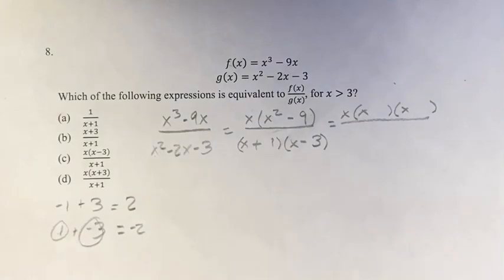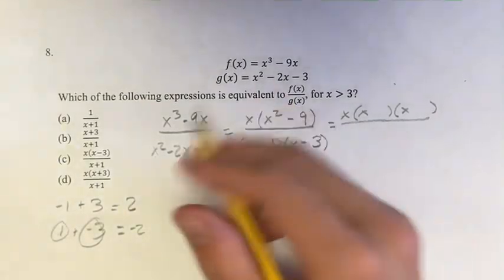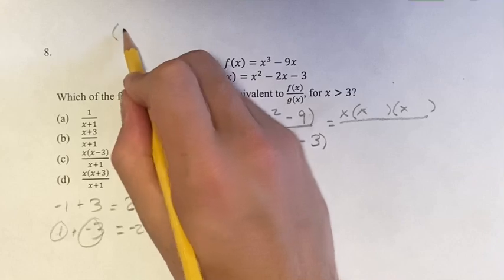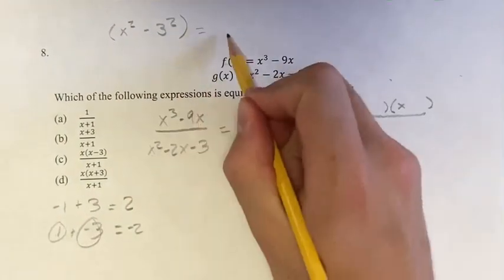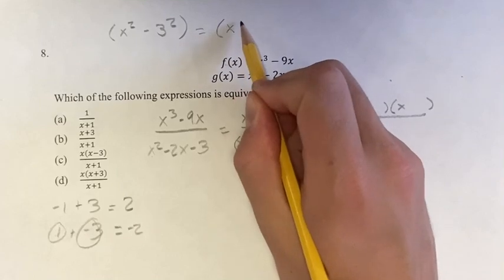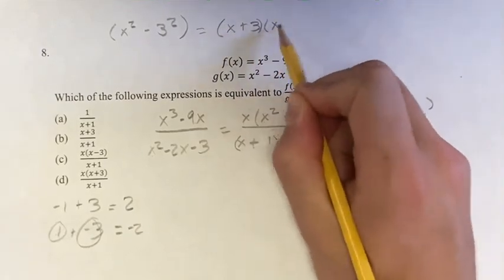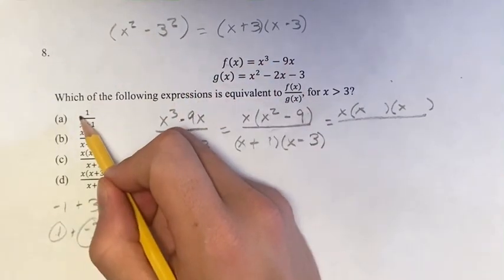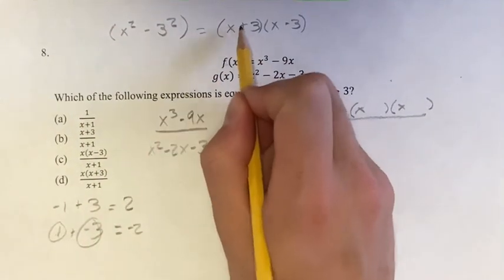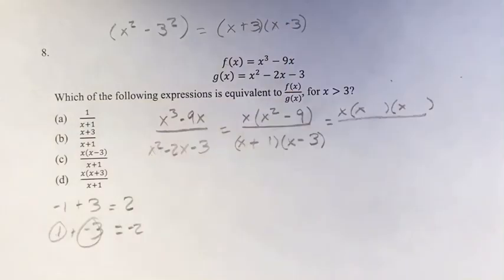You have to recognize that this is the difference of two squares. So we have here x squared minus 3 squared, right? 9 is 3 squared. You have to remember the pattern that this is equal to x plus 3 times x minus 3. So when you have one thing squared minus another thing squared, that's equal to the two things added up times the two things subtracted.